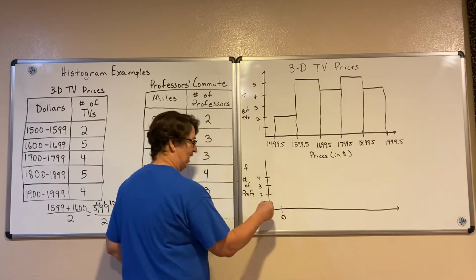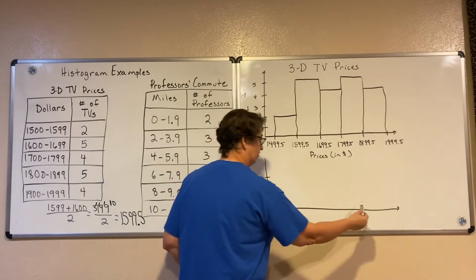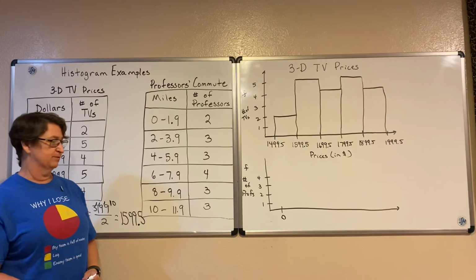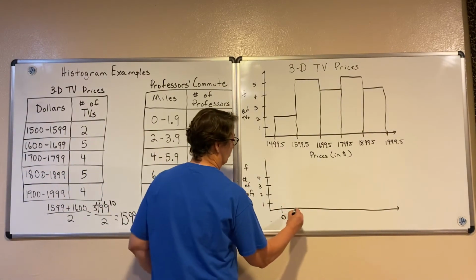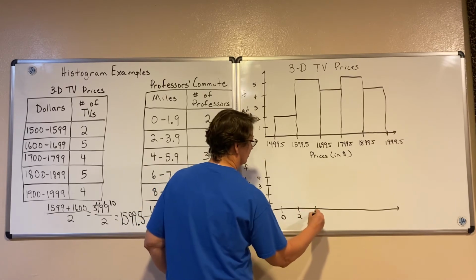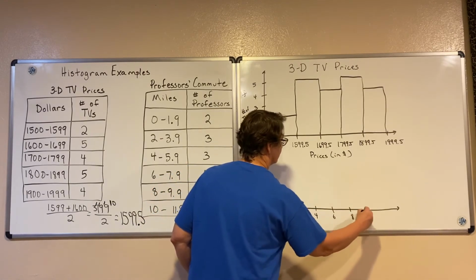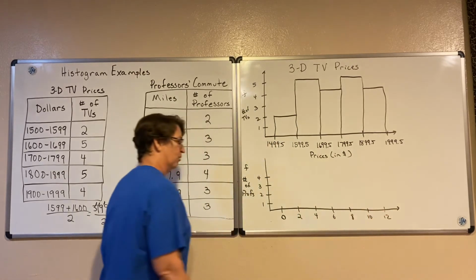On my vertical axis, I always need to start at 0. On my horizontal axis, I can start at whatever my minimum number is. So here I'm going to count by 2's. So 0, 2, 4, 6, 8, 10, 12 to make sure I get them all in.